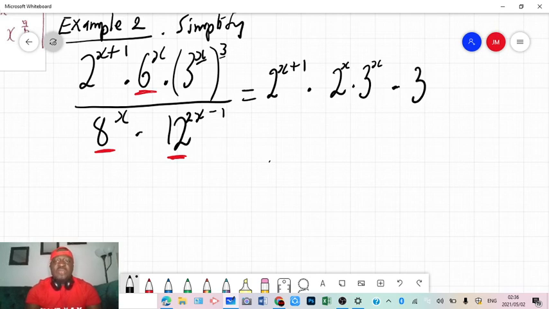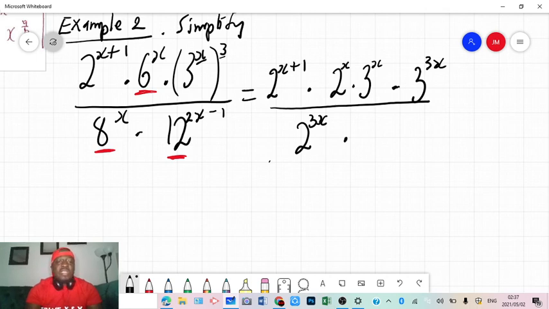So when I remove the bracket, I will have 3 to the power 3x. On the denominator I can also split my 8 to a prime, which means 2 to the power of 3 will give me 8, times your x will give you 2 to the power of 3x.